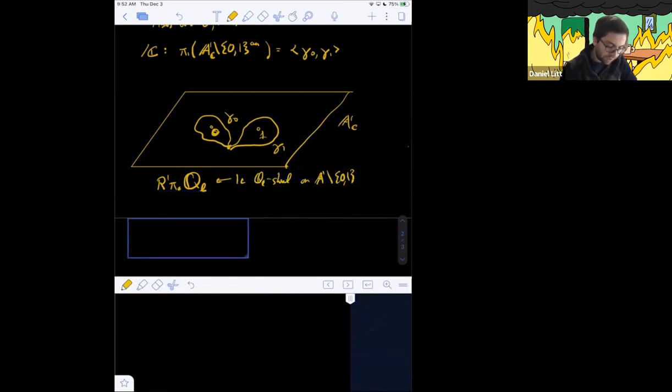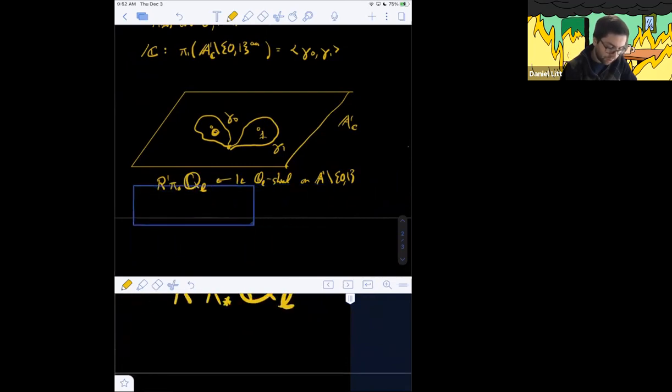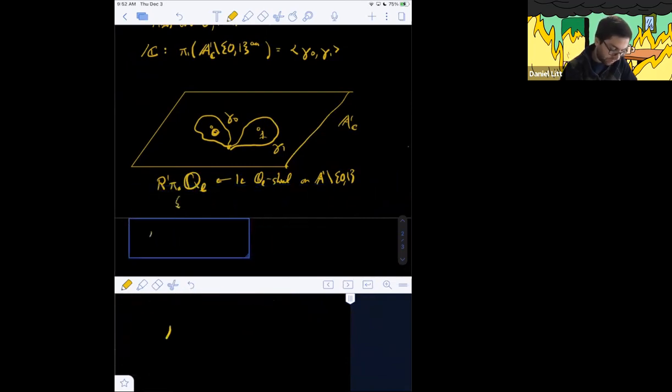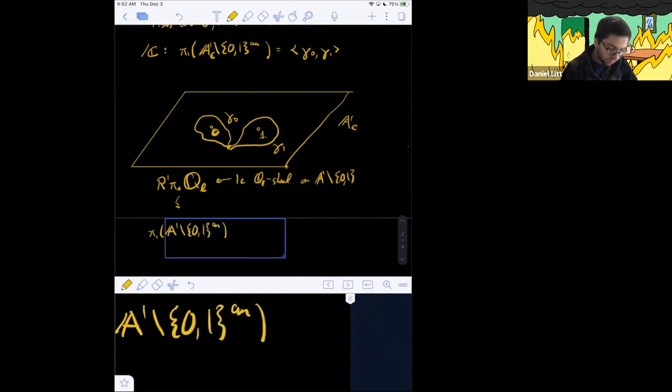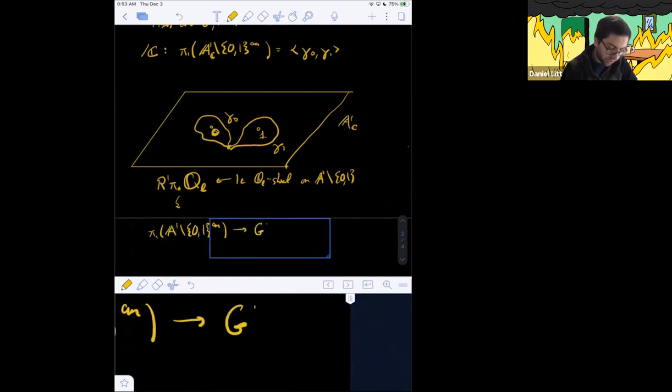And so it corresponds to some pi 1 representation into GL2 of Q_l.